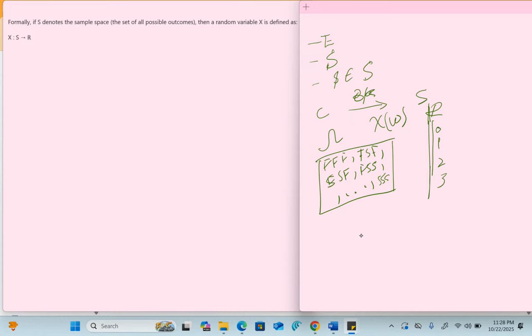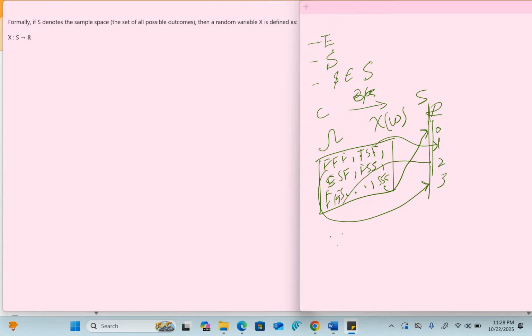If omega is a specific element of the sample space, and X reads the number of failures, then it is 0, meaning no failure, for example if it is all S. And if it is all failures, then it is 3. The others could be mapped to 1, and some of them to 2, for instance FFS.